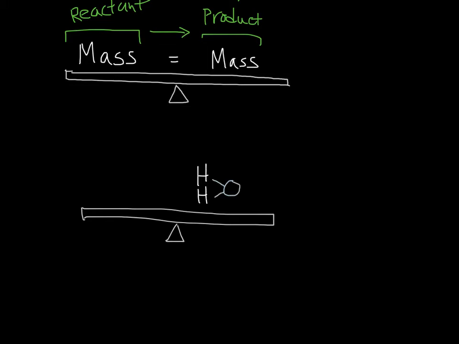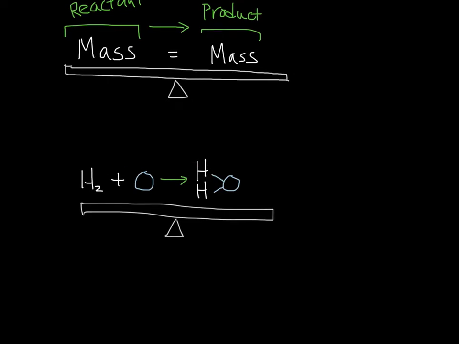Well, that means that what we put in has to consist of two hydrogens and one oxygen. So they'll rearrange, and then this is what we will get. Our reactions will balance out. Mass-wise, the mass of the two hydrogens and the mass of the oxygen will combine to make a molecule where they're stuck together. Okay, we got that point.